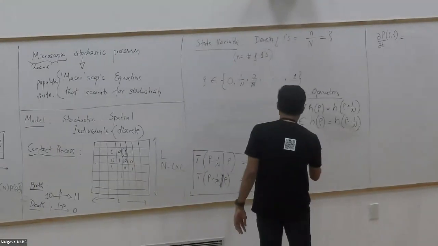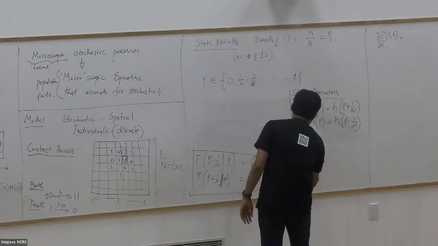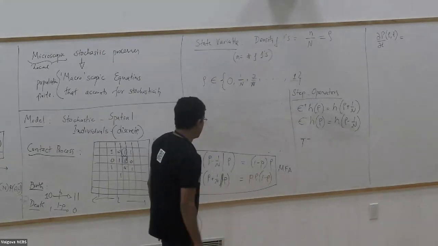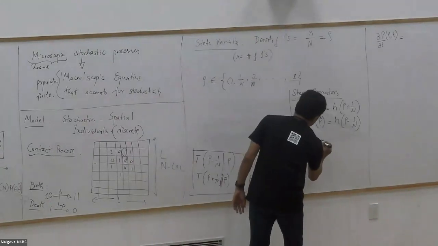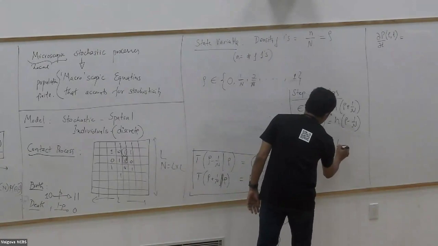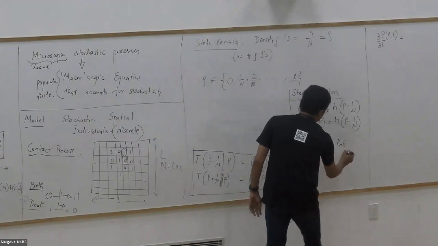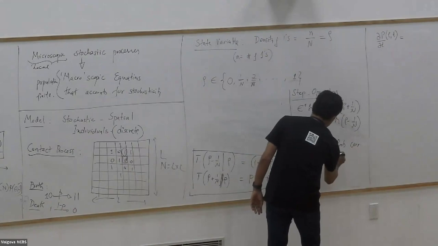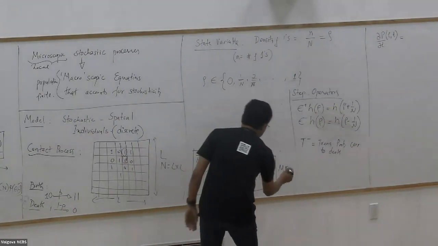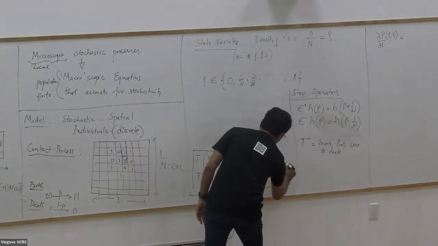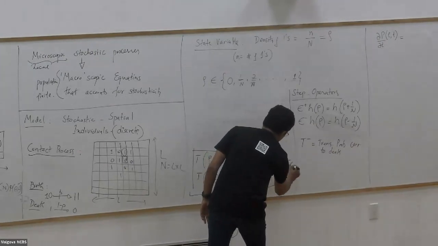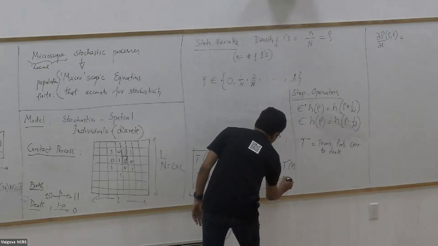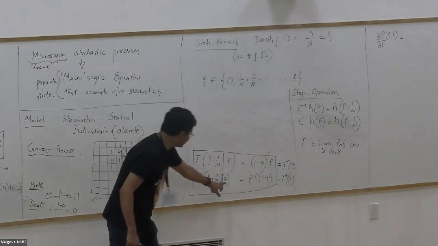So I will define T minus of rho as the transition probability corresponding to death, and I will call this T plus of rho, because this corresponds to incrementing.